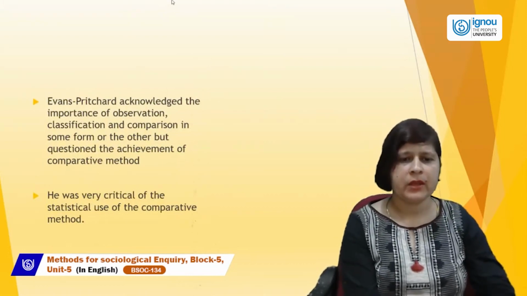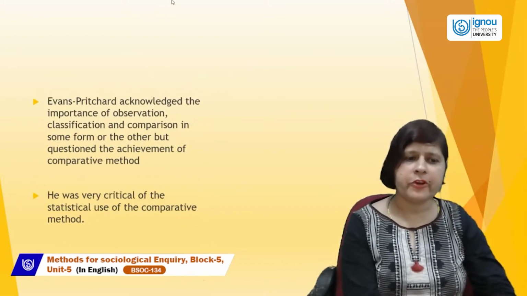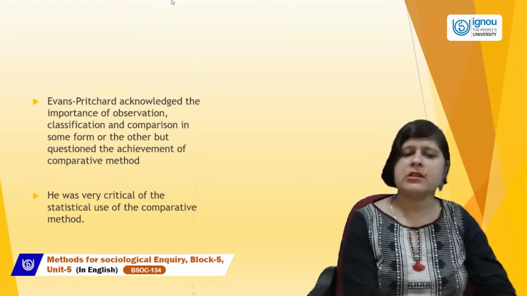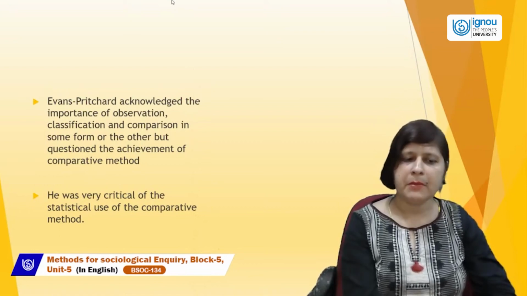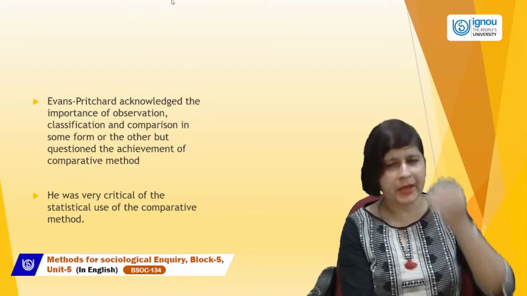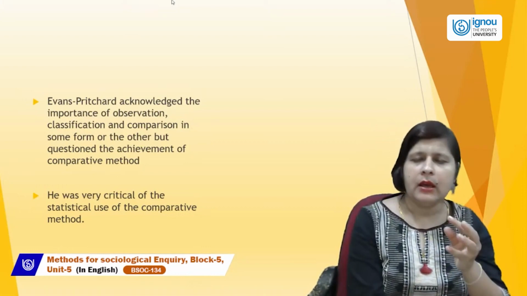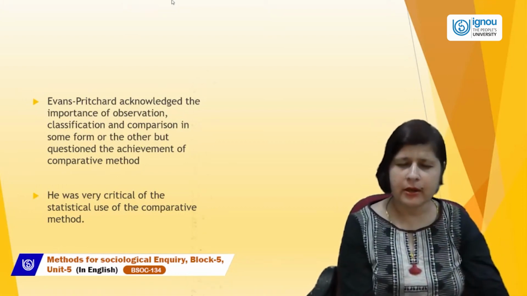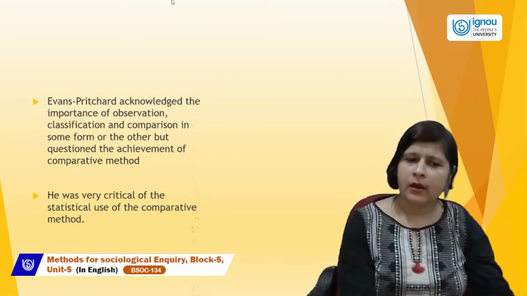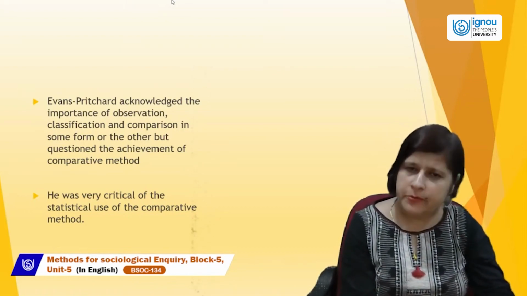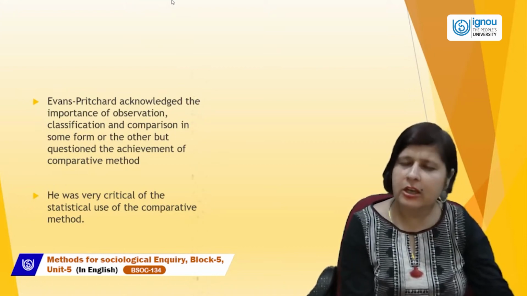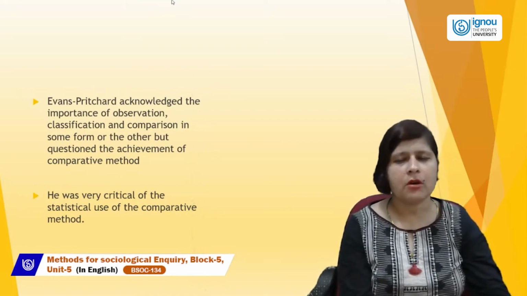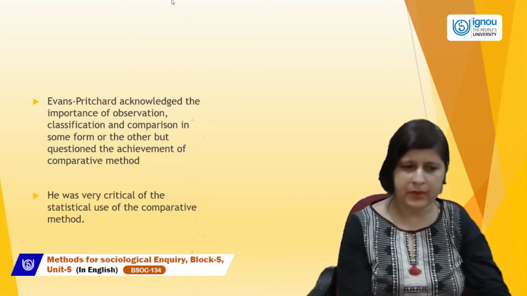Evans-Pritchard acknowledged the importance of observation, classification, and comparison in some form or other, but questioned the achievements of the comparative method. He was neither in favor of the comparative method nor opposed to it. He acknowledged that observation, classification and comparison are important, but he questioned the achievements or the generalizations of comparative methods.